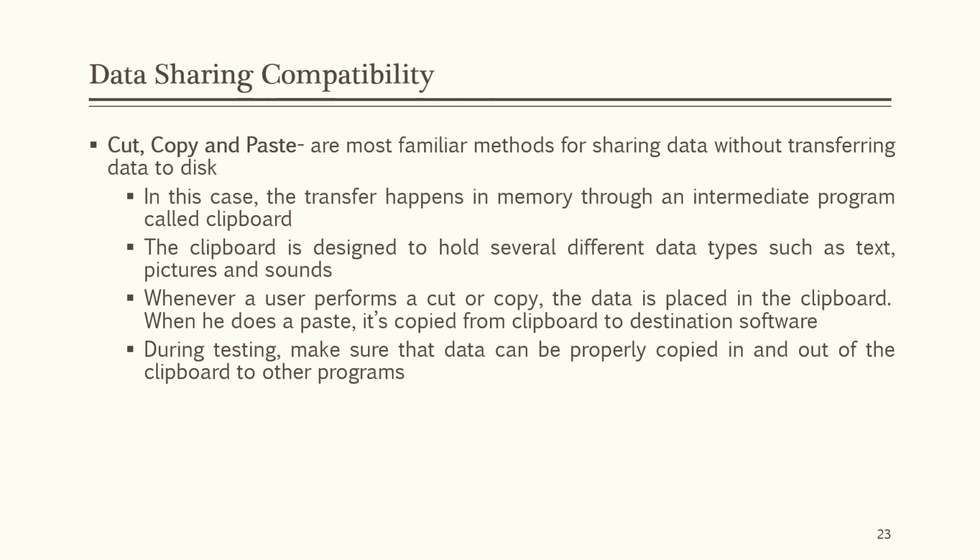Whenever a user performs a cut or copy, the data is placed in the clipboard. When he does a paste, it is copied from the clipboard to the destination software. During testing, make sure that data can be properly copied in and out of the clipboard to the other programs.